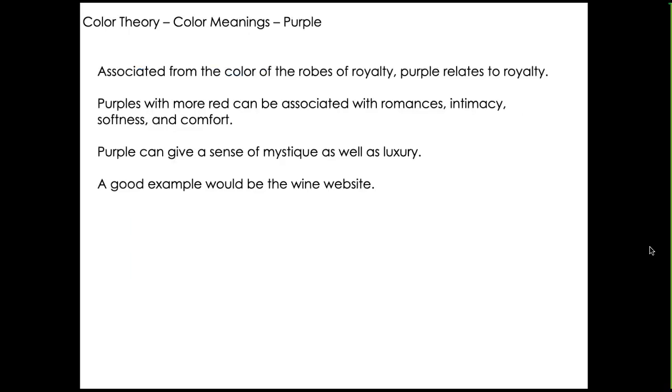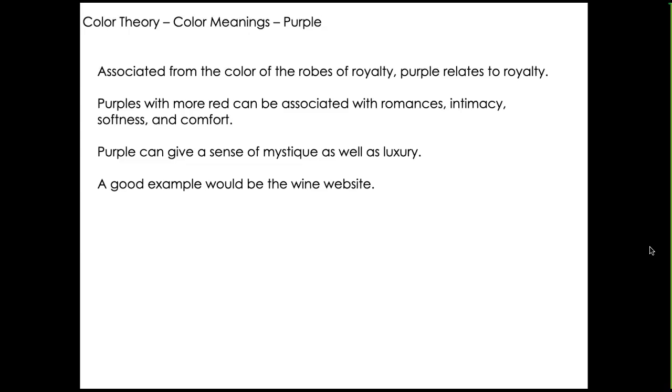Purple is often associated with the color of robes of royalty. Purple relates to royalty because way back in ancient times, there was a certain mollusk, and I'm basing it on the name of it, that actually emitted a type of purple dye, and it's called Tyrian purple, or Tyrian violet.